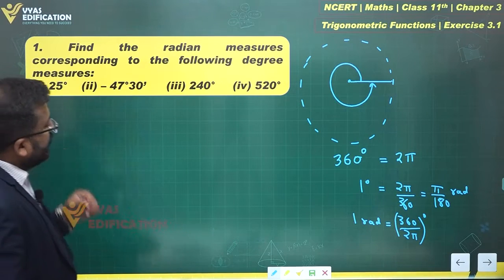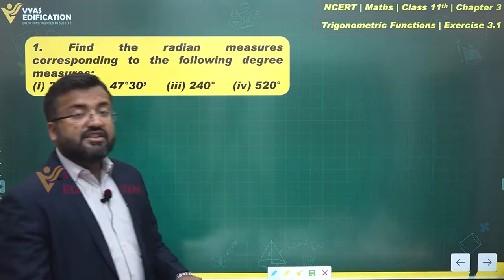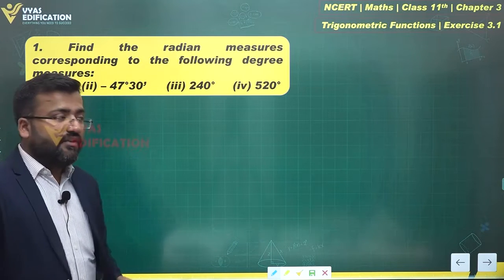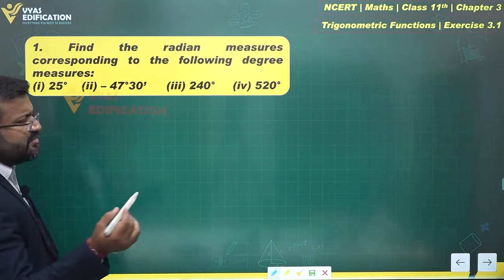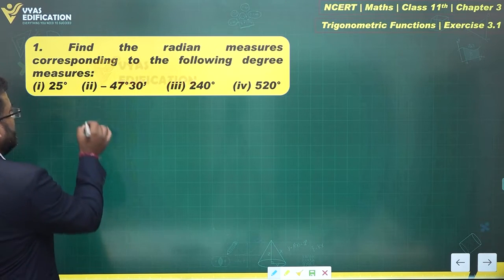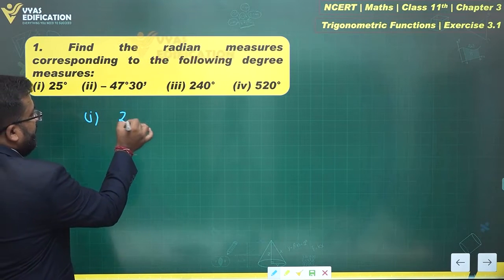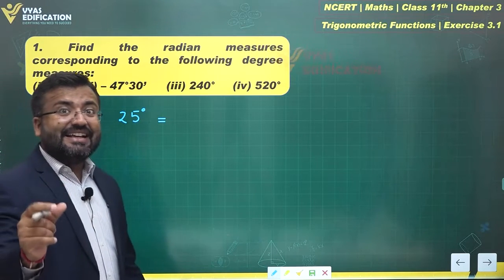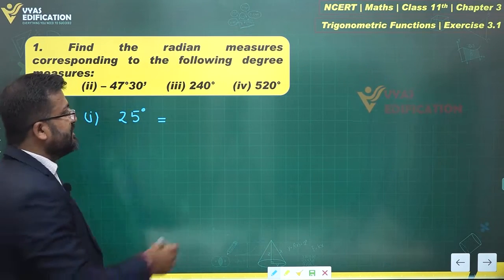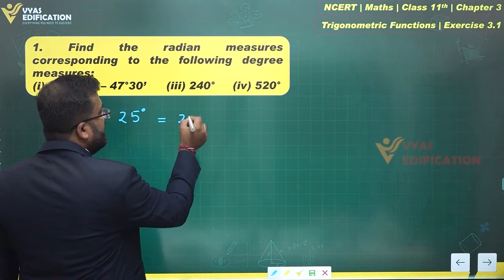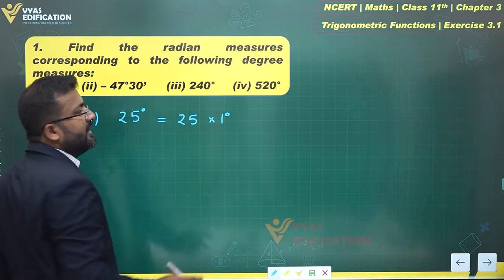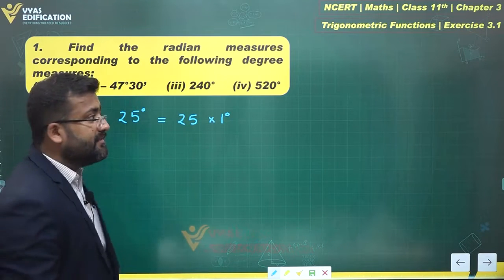Okay, and what are we trying to solve over here? We are trying to write degrees in terms of radians. Let's begin with the first part over here. The first part has 25 degrees. Now 25 degree is basically 25 times 1 degree.